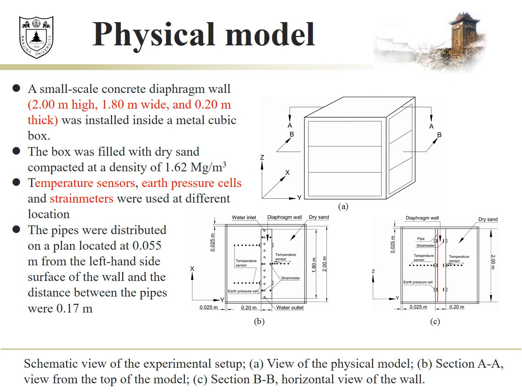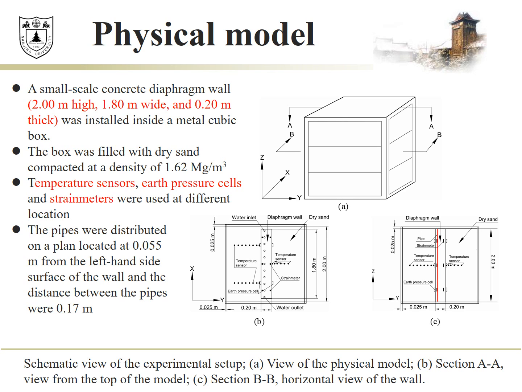As shown in this figure is a schematic view of the experimental setup. A small-scale concrete diaphragm wall was installed inside a metal cubic box. The internal height and the width of the box are similar to those of the wall.